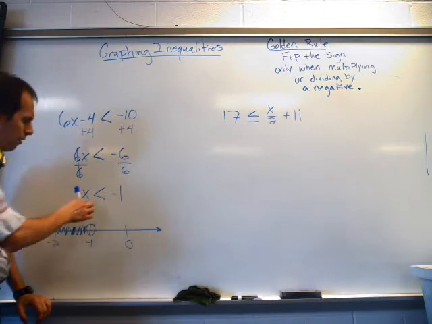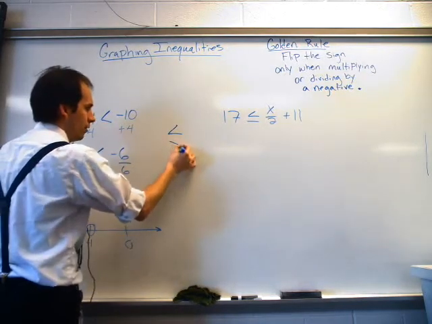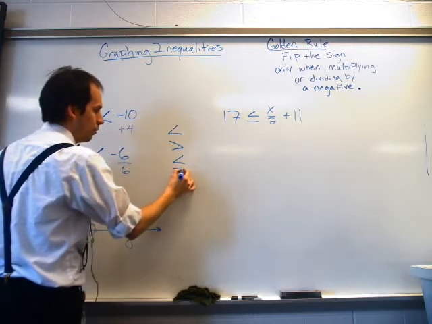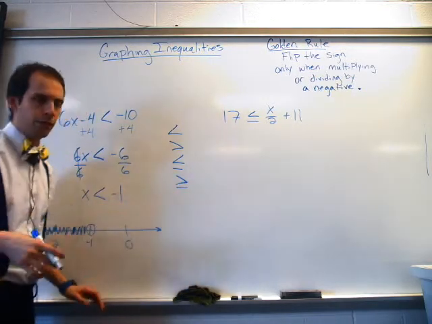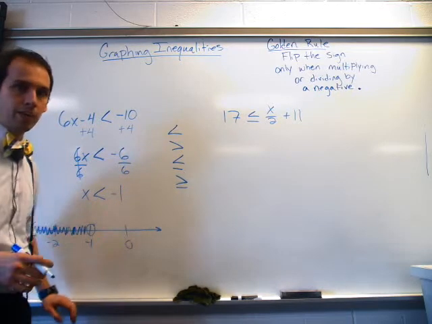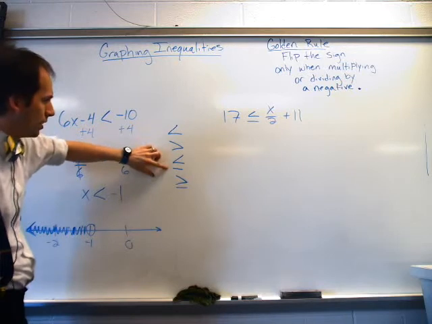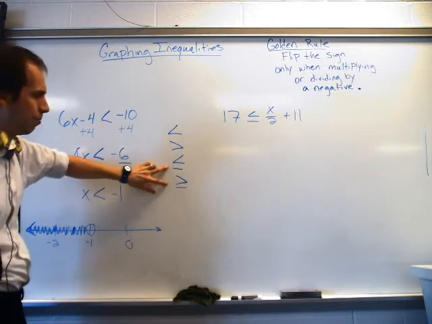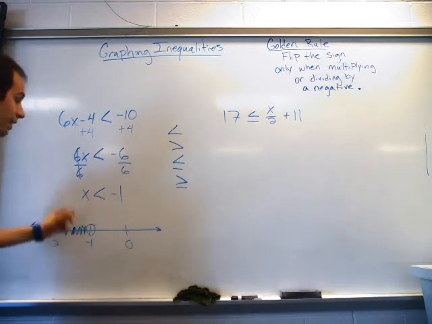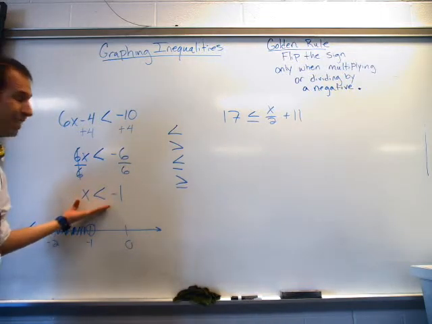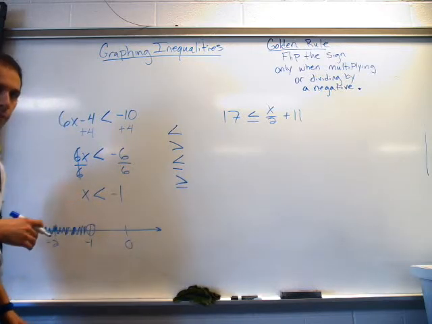But here's the tricky part. Remember how there were 4 inequality symbols? There's less than, greater than, less than or equal to, greater than or equal to. And there was the not equal to, but that one's nice because once you get that, you stop. This equal to piece plays this role. This circle where I've drawn negative 1, our solutions either include negative 1 or don't include negative 1.